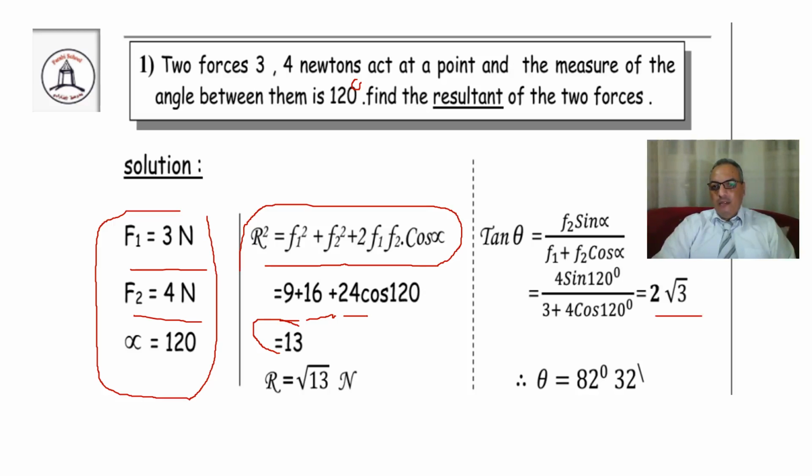By shift tan, using the calculator, we find theta is 82 degrees 32 minutes. This is the direction of the force. We said the force, whether ordinary or a resultant, is determined by three factors: magnitude, which we found, and direction. The point of action is the same point.